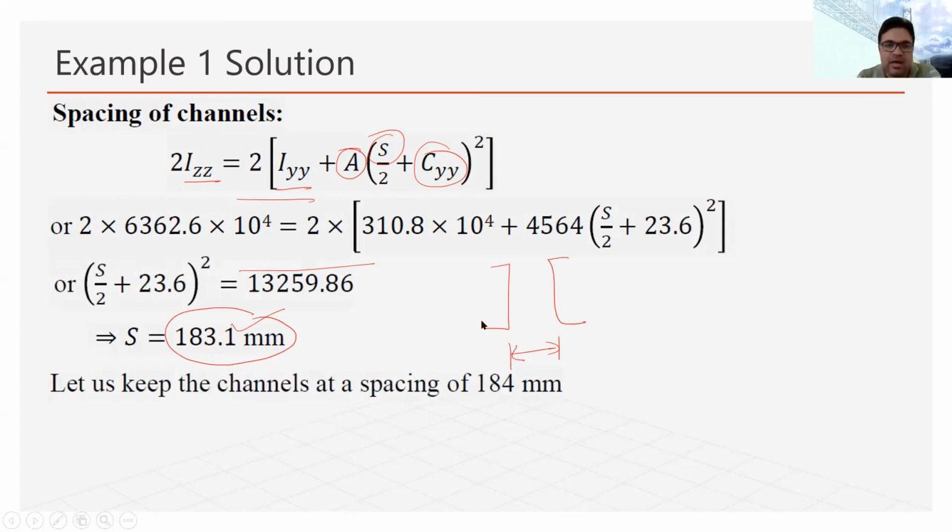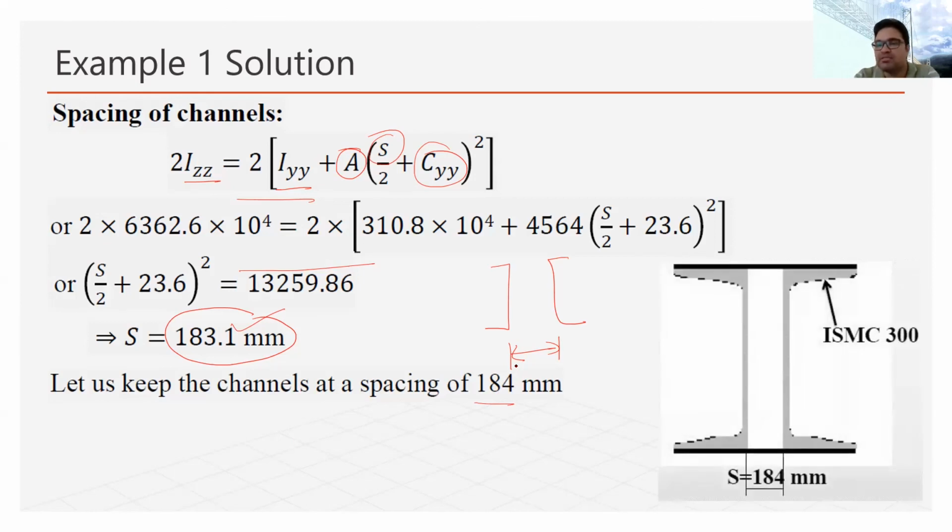So this is what we were supposed to find out. Now I have rounded off this value to 184. If we are rounding off, we round off on the higher side. So now our channel section will look like this. Ultimately, our channel sections will be put at a 184 mm distance to have the radius of gyration about both axes equal.